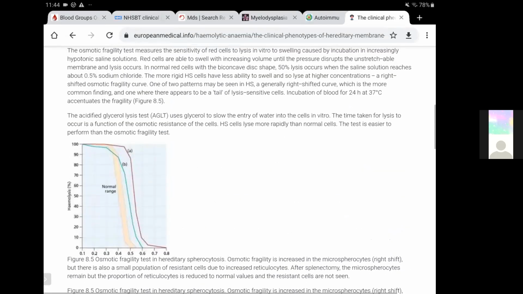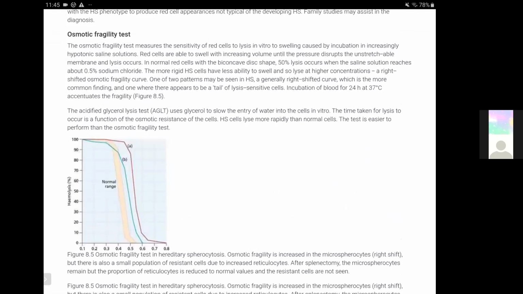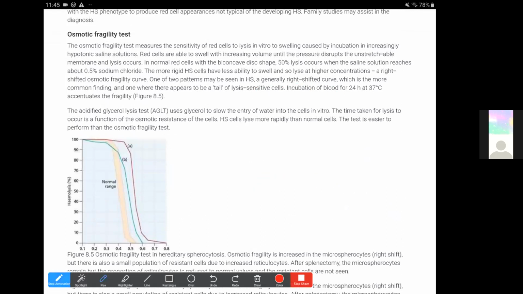Now we have gone much over the osmotic fragility test, and how it is able to differentiate the hemoglobinopathies from the membranopathies, mostly.